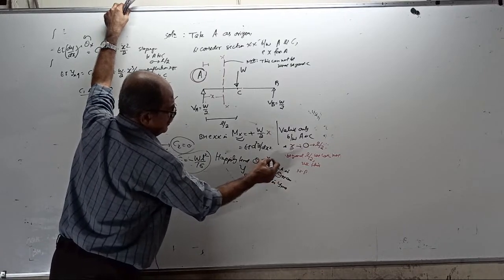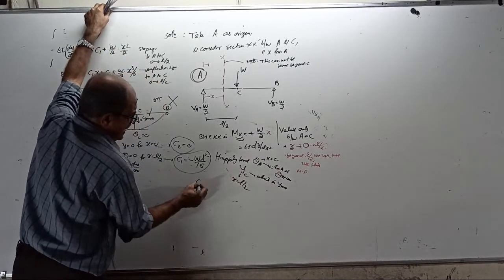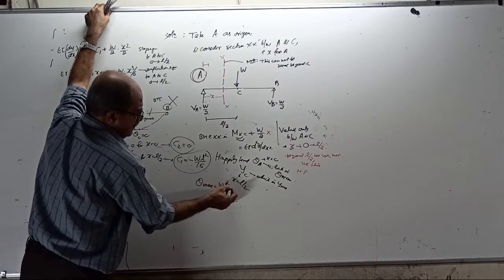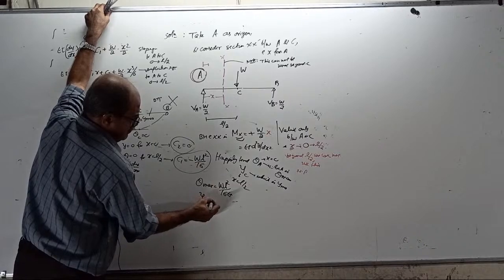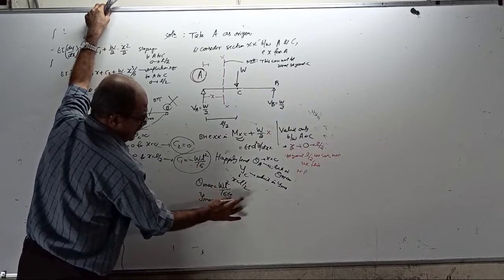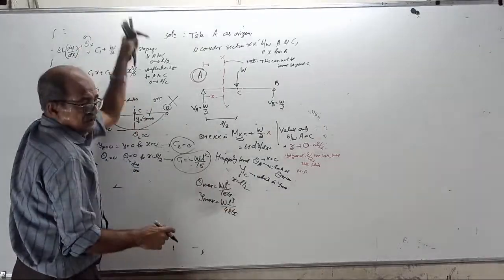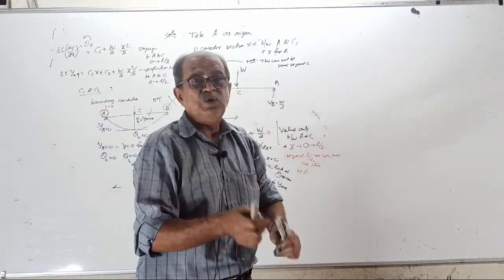Here x equal to 0, here x equal to L by 2. Your answer, theta max will come WL square by 16 EI, and your y max will come WL cube by 48 EI. Can you try this one? Fast. No point in wasting time, because we will go to the real concept now.